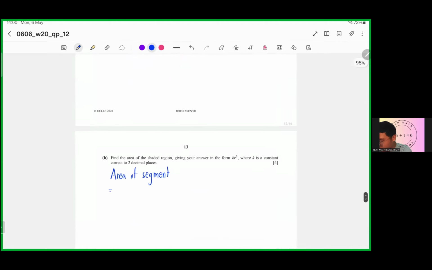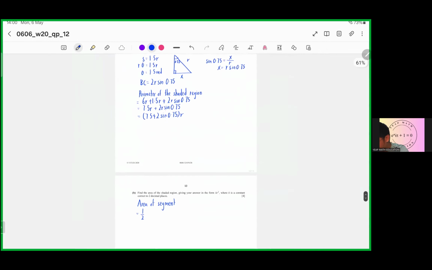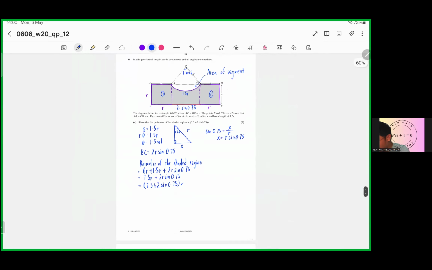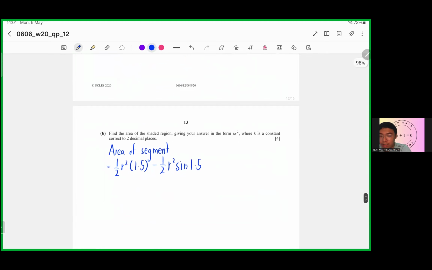Equals 1 over 2, R squared, 1.5 minus 1 over 2 R squared sine 1.5 radians. Make sure your calculator is set in radians, or you can also change to degrees and substitute the values in degrees.